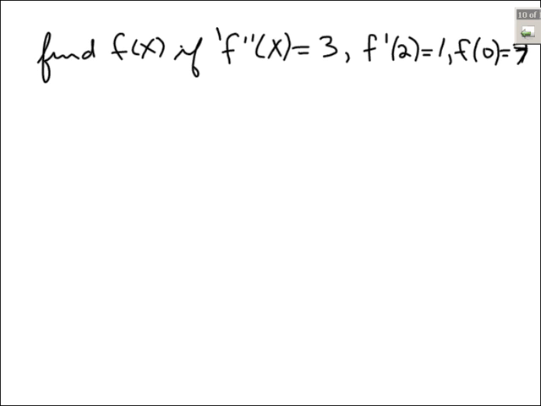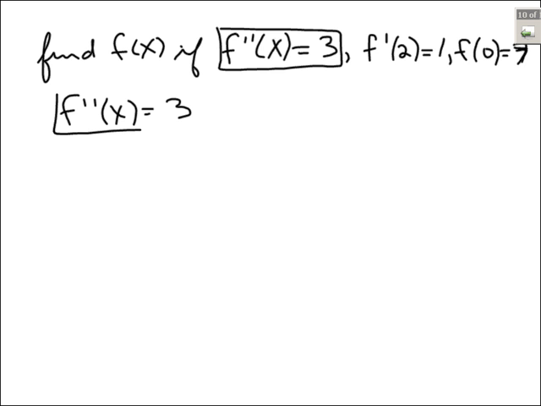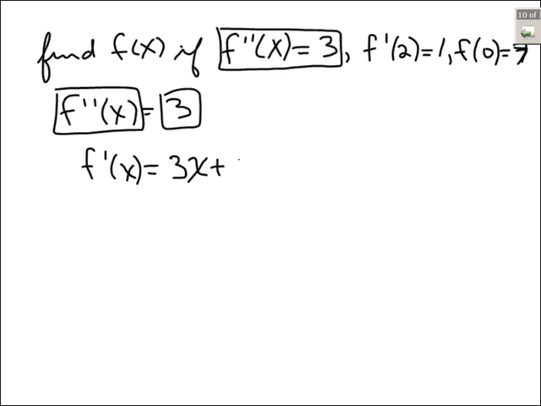Well, they give us f double prime. We know that f double prime of x is equal to the constant. So if we find the antiderivative of f double prime of x, well, if we undo the derivative on the left side, we'll get the first derivative. We undo the derivative here, we get 3x plus the constant.